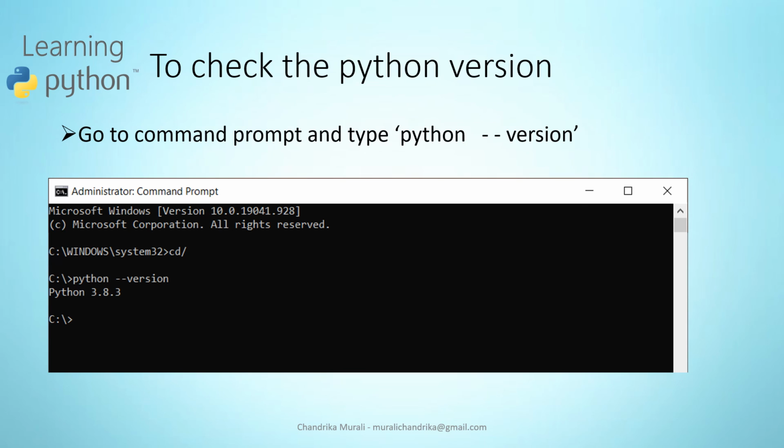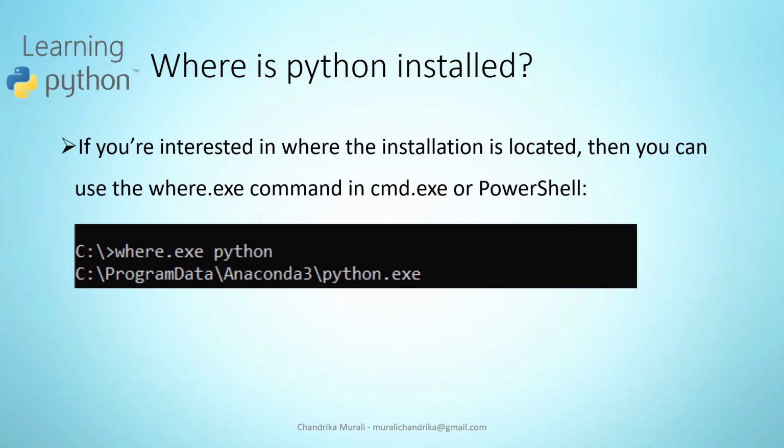As you can see here, in my system, I have installed Python 3.8.3, which is clearly visible here. If you want to know where exactly Python is installed, what is the location of the Python file, you can give where.exe python. It will show you the location of the Python file in your system.